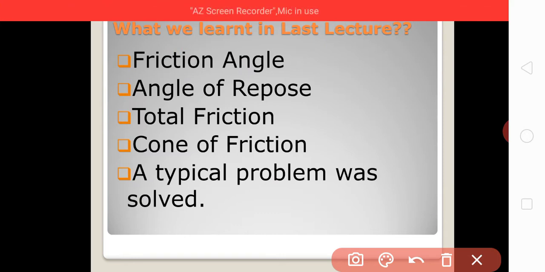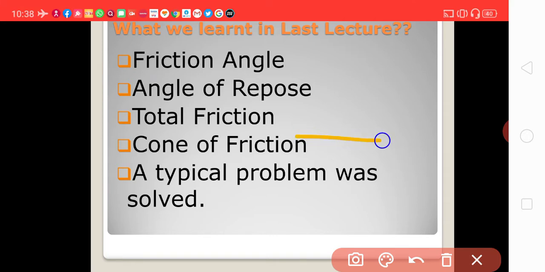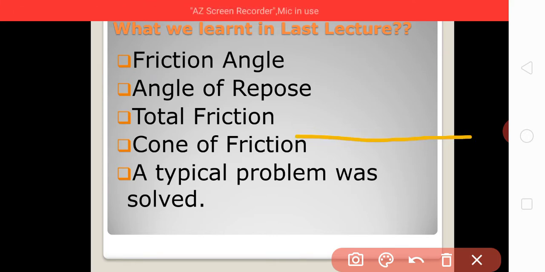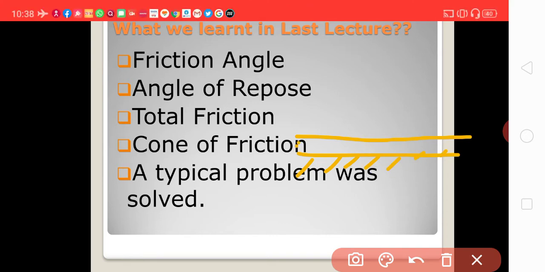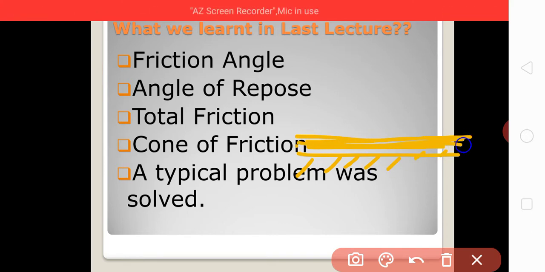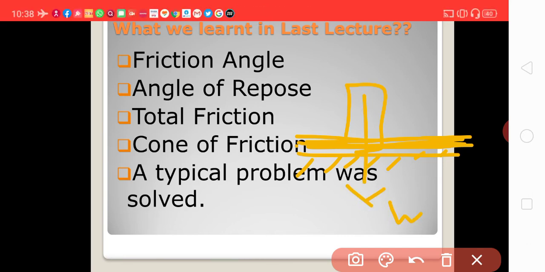Now, angle of repose. There is a plane surface kept on ground like this. This surface is kept on ground and a block is kept over it, weighing W. Its reaction will be upward.